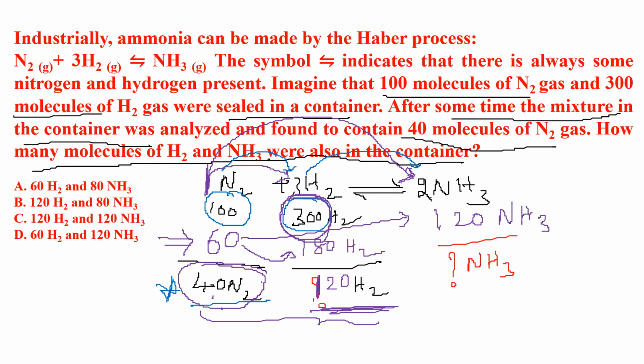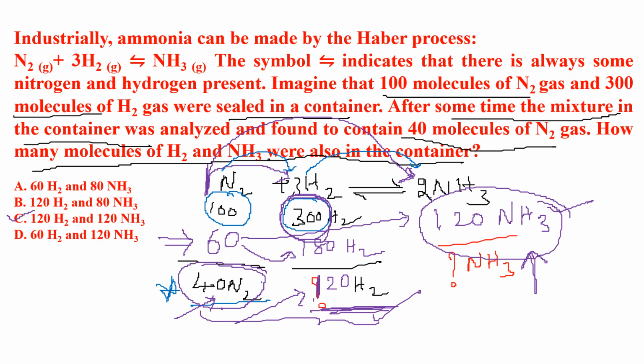So here 120 molecules of H2 and 120 molecules of NH3, because these are the products, naturally they are in the container. So unreacted 40 molecules of N2, unreacted 120 molecules of H2, and 120 molecules of products are present. Our answer is C, the right answer.